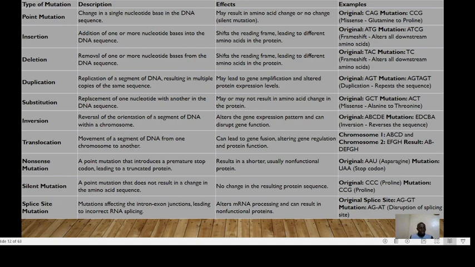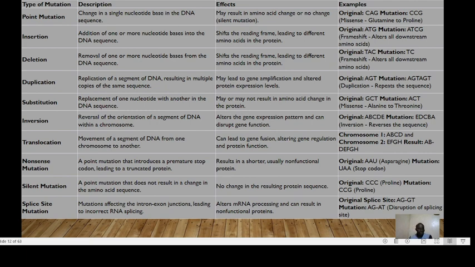Or duplication, where there is replication of a DNA segment resulting in multiple copies of the same sequence. This may lead to gene amplification and altered protein expression levels. For example, you had AGT, it mutates to form AGTAGT. Duplication repeats the sequence.